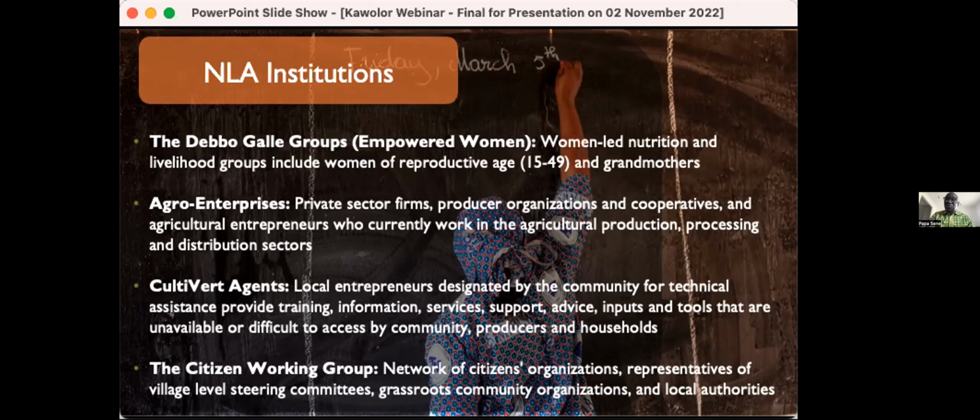One activity of the citizen working group is also to support women's groups to access land and have official title for the land. These groups are very active and have been very supportive to our activities in the NLA process. Next slide, please.